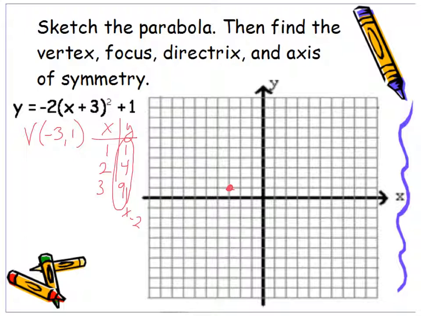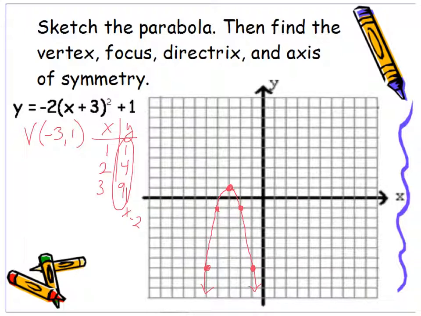So now it's over 1 down 2, over 2 down 8, and the next one's going to end up way off my graph, so I'll call that good right there. I usually like to have at least 5 points on my parabola to help show the shape of it nicely.